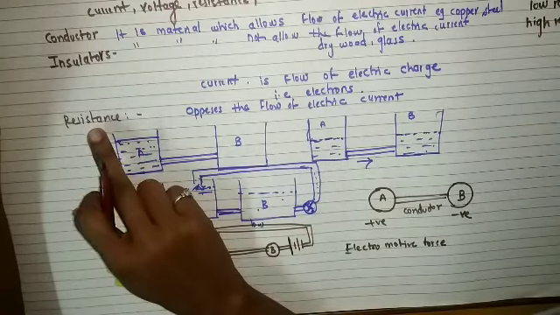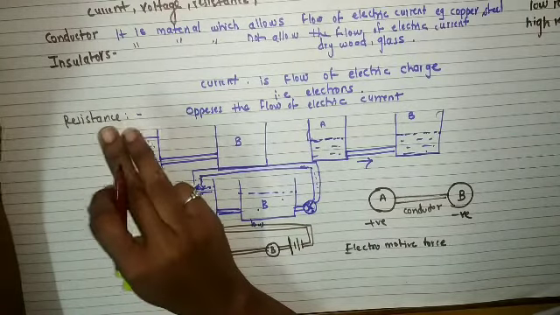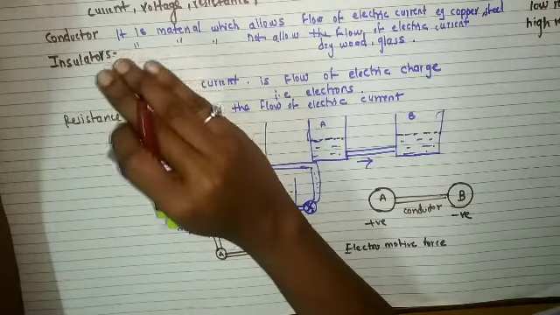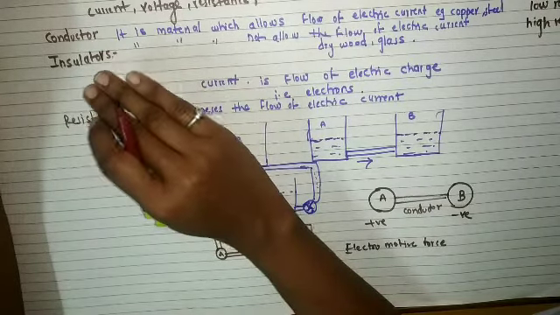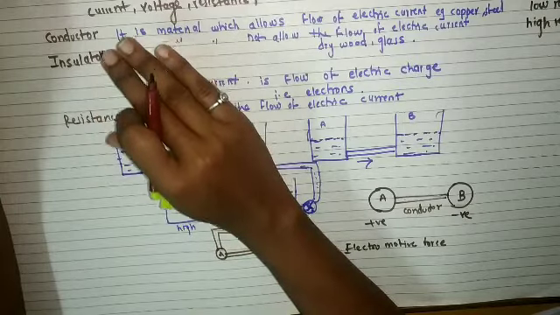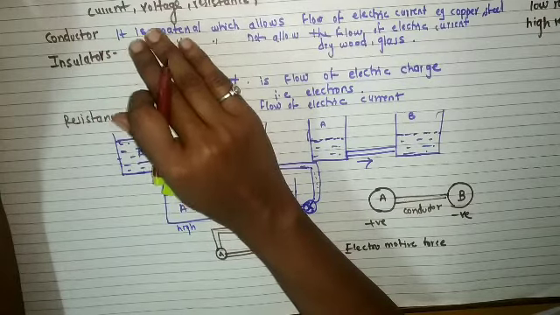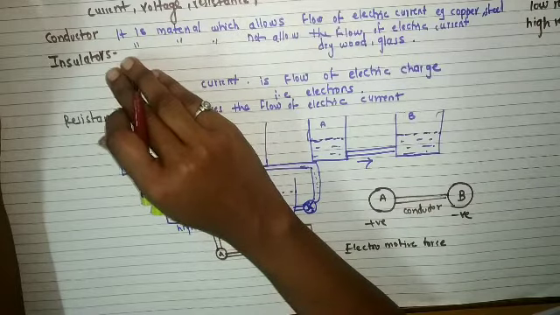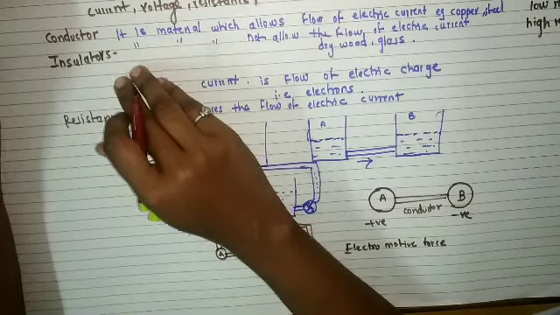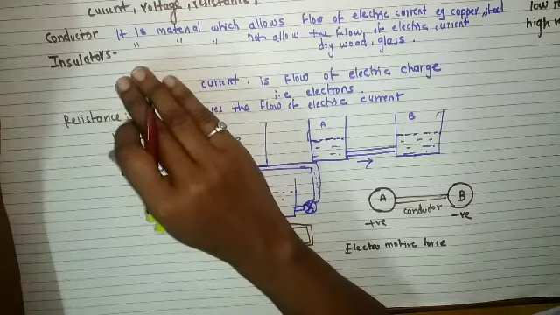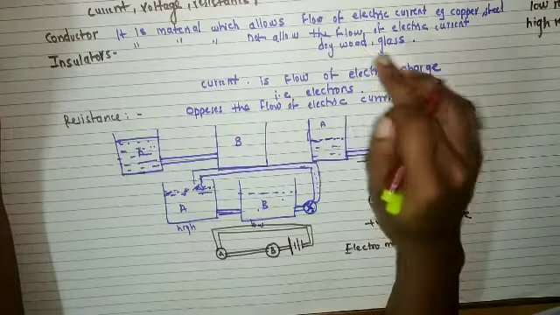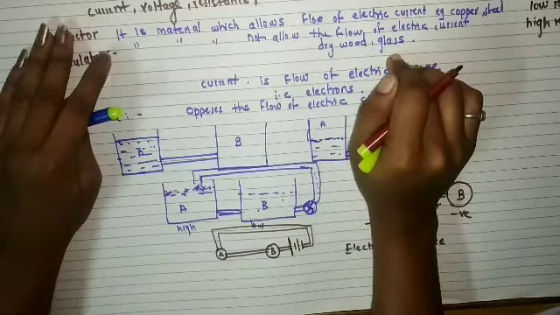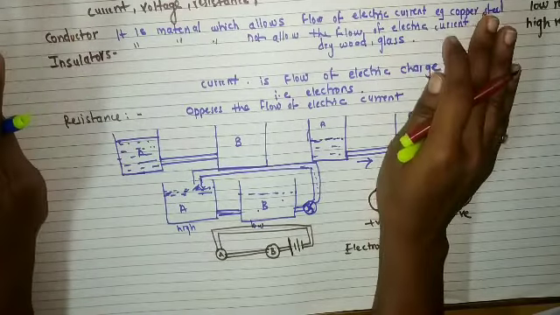Resistance is that which opposes the flow of current. Every material has its own resistance value. A conductor also has resistance, but the value is low, and an insulator has a high resistance value. So electric current does not flow through them, for example dry wood or glass. This is all about the basics.